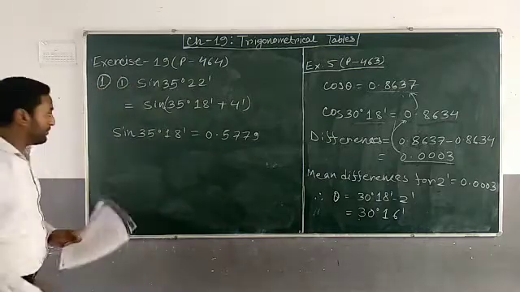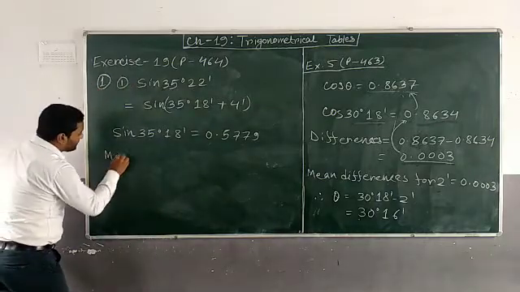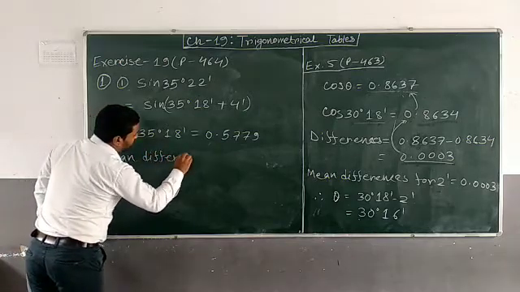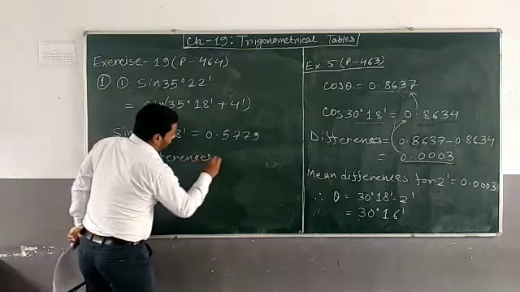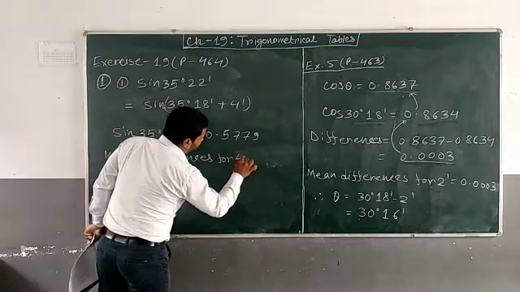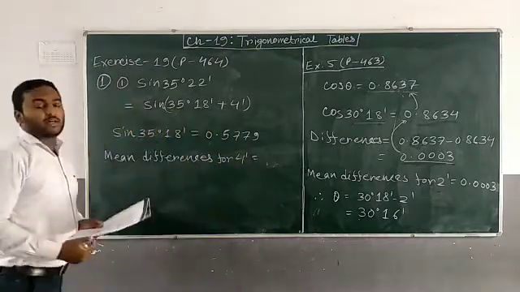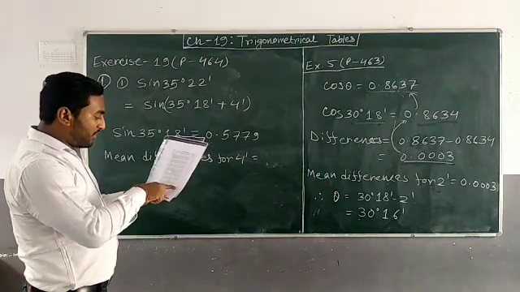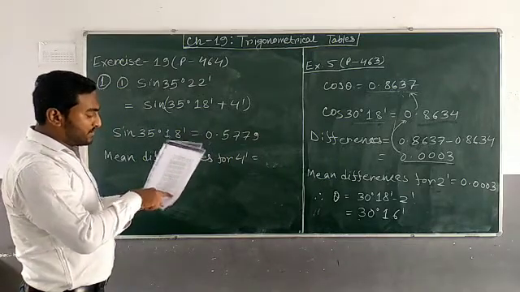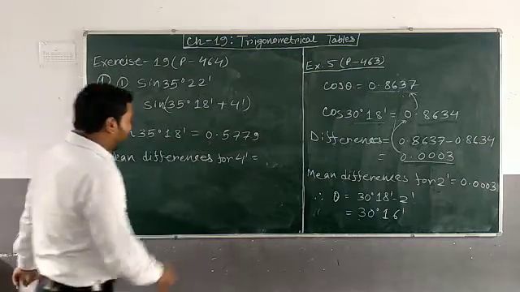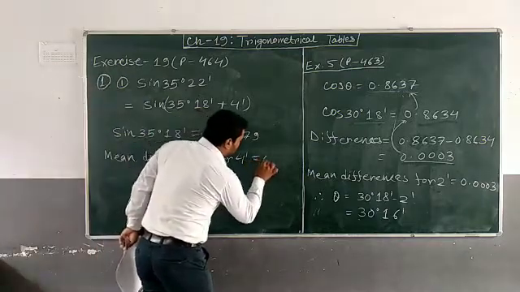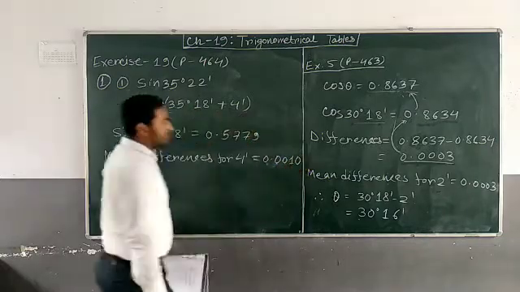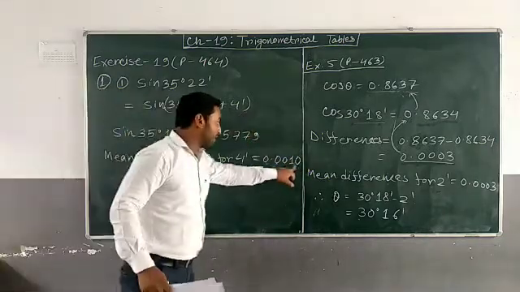Now you have to find the trigonometric ratio for the 4 minutes mean differences. See the 35 degree row: for 4 minutes it is given 10. It is given 10, which means you have to write 0.0010, in the form of 4 decimal places.